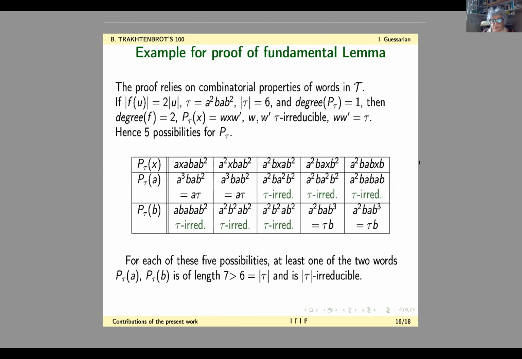And we check that in all of these 5 polynomials, one of p tau of a or p tau of b is tau irreducible and is of length 7, strictly larger than the length of tau. So this proves the fundamental lemma in this very small case.